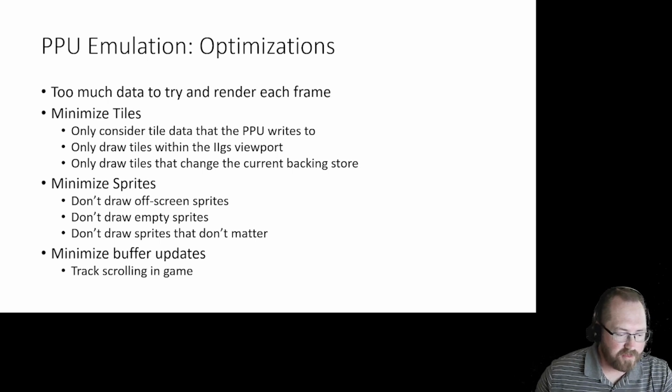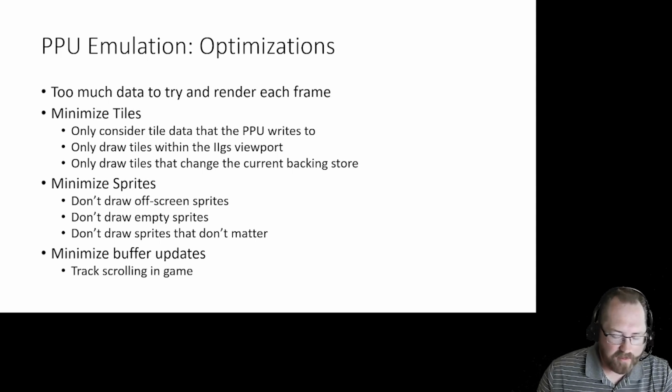We can also be careful to not redraw tiles that don't change the current backing store, so kind of a dirty tile update. On the sprite side, same thing. When sprites are off screen, we don't have to draw them, and we can ignore certain sprites as well. As you'll see, there's actually sprites that are transparent that really don't contribute anything to the on-screen display.